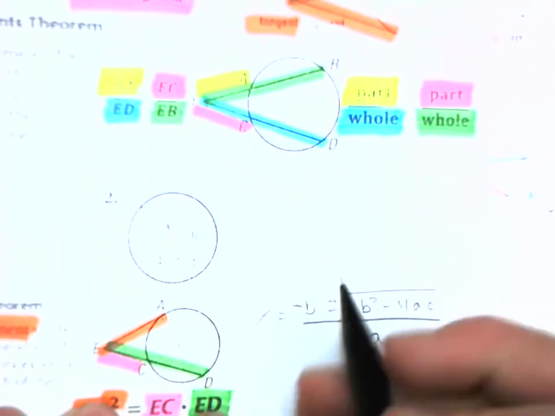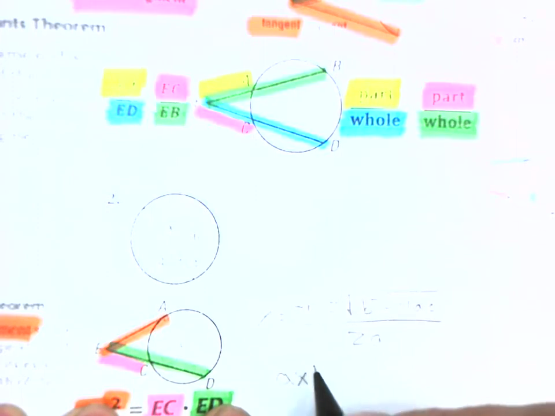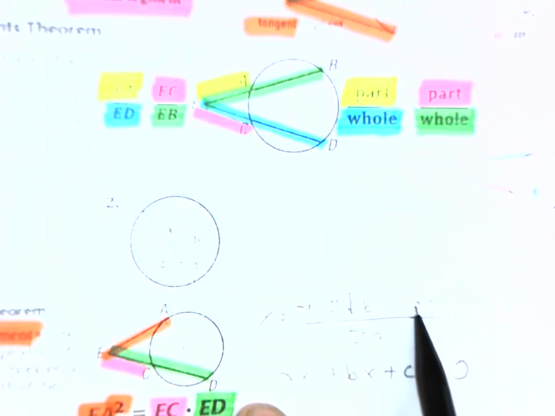And that is when you have it in standard form, which is ax squared plus bx plus c equals 0. So first put your equation into the standard form for a quadratic. And then you pull off the coefficient for the x squared term, that's a, that will plug in here.